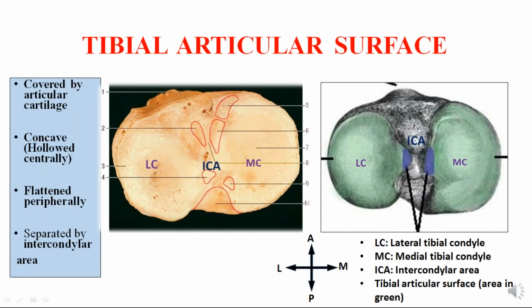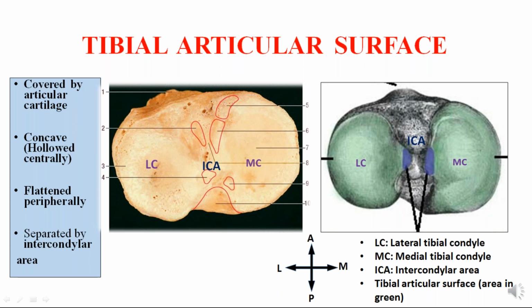Now coming to the tibial articular surface. The tibial articular surfaces on the lateral condyle and the medial condyle of the tibia are covered by articular cartilage, same as the femoral condyles. They are hollow centrally, a concavity here, and flattened peripherally.